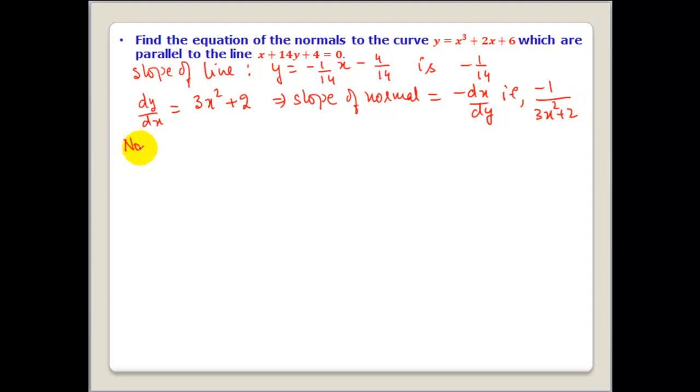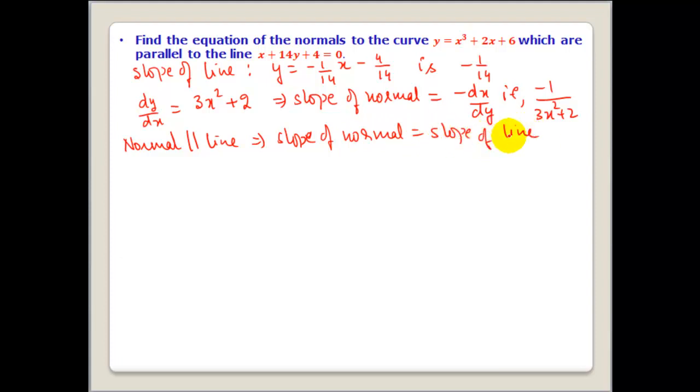Now normal is parallel to the line, so we can write slope of normal is equal to slope of line. Equate both and then find the value of x. Now slope of normal is minus 1 over 3x square plus 2 and slope of the line is minus 1 over 14.